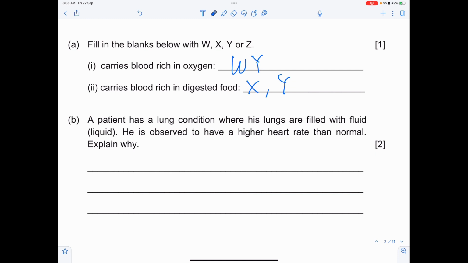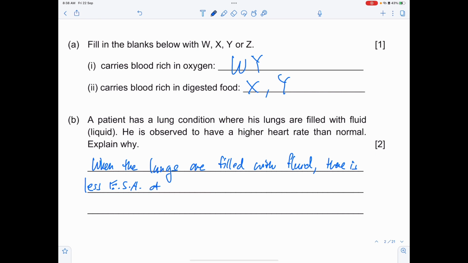So when the lungs are filled with water or fluid, there is less exposed surface area of the air sacs.